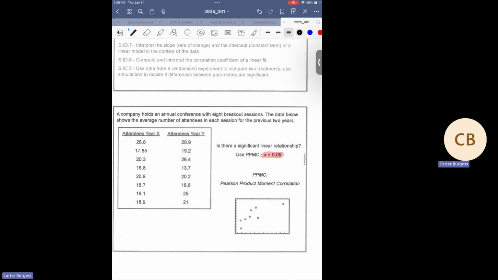In particular, we are being asked with an alpha value of 0.05 to determine whether what we see is what is called statistically significant. Okay, so let's unpackage this alpha value.